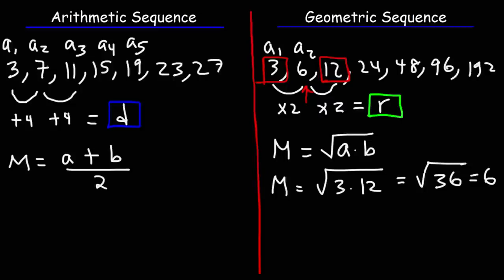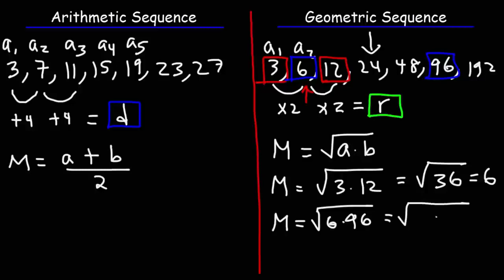Now let's try another example. Let's find the geometric mean between 6 and 96. This should give us the middle number, 24. Now we need to simplify this radical. 96 is 6 times 16. 6 times 6 is 36.